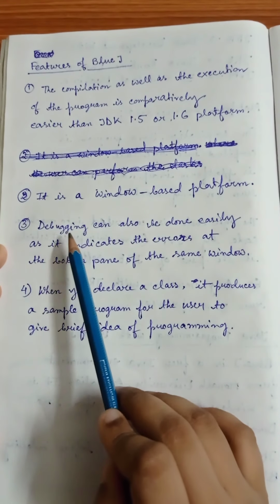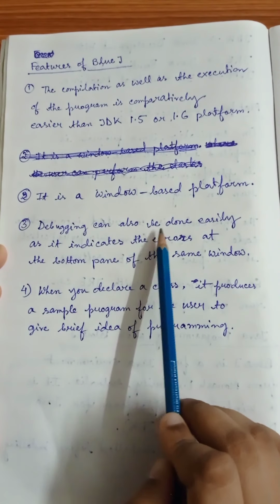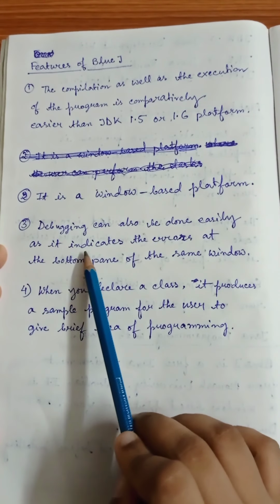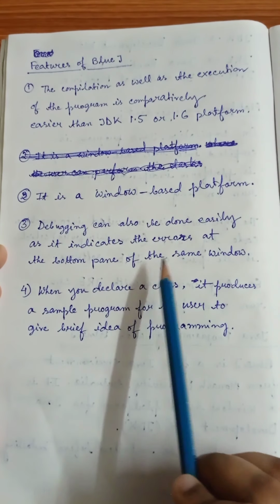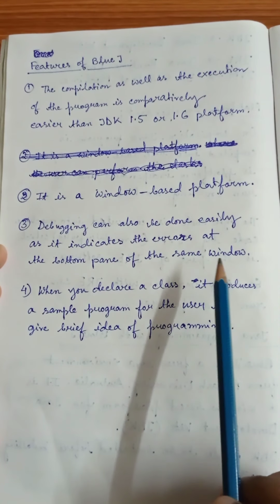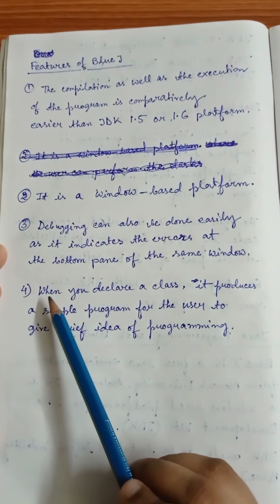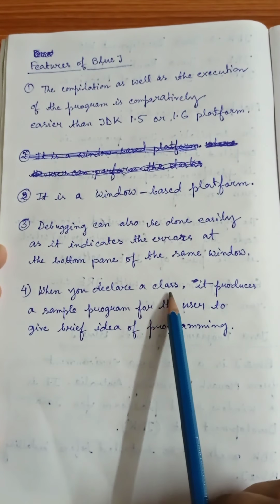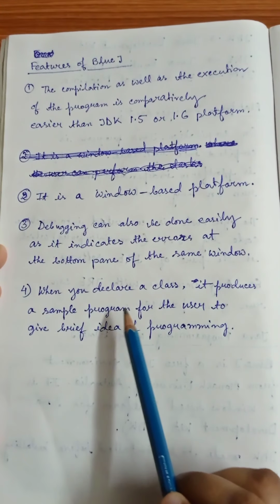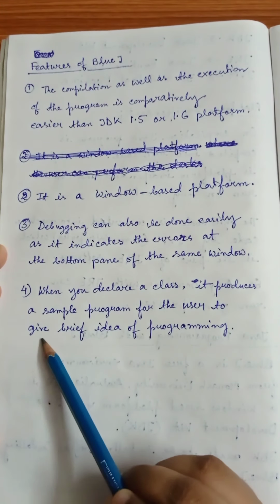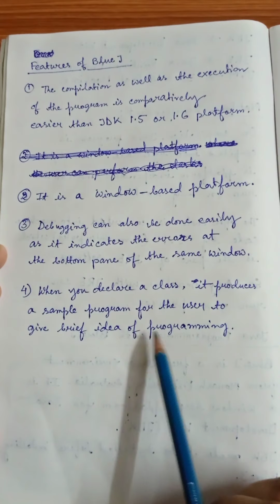Third point is debugging can also be done easily as it indicates the errors at the bottom pane of the same window. Next is when you declare a class, it produces a sample program for the user to give a brief idea of programming.